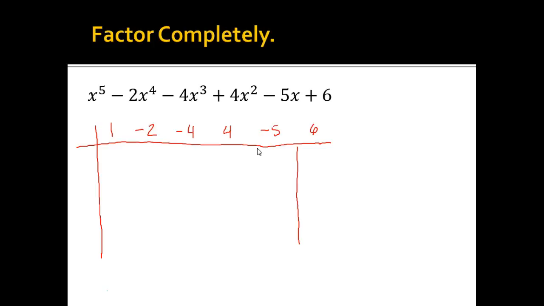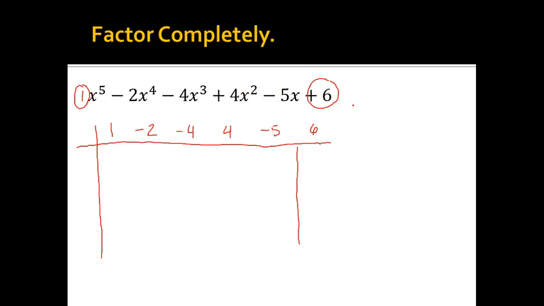Okay, now we're going to do synthetic division, and remember that we had a little trick for helping us to know what the rational roots are. I think it was the rational root theorem, where we take the last coefficient and make its factors the numerators, and the first coefficient, in this case 1, and make its factors the denominators, and we just mix them up.